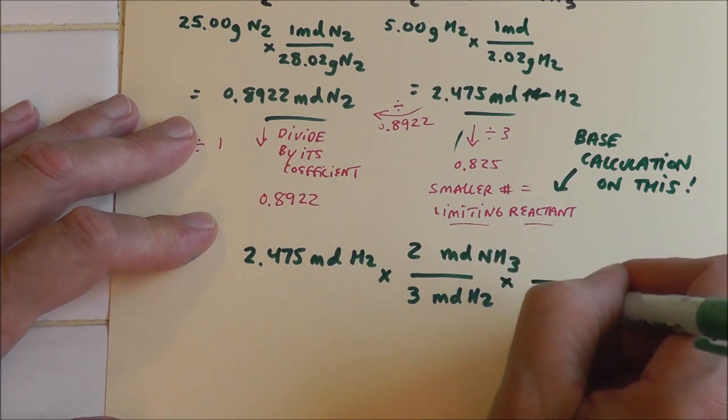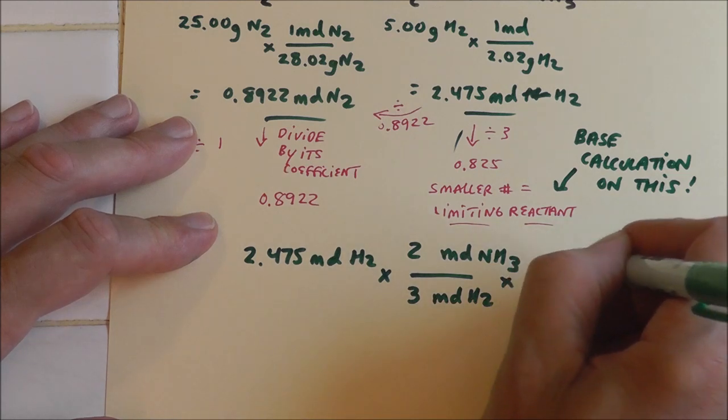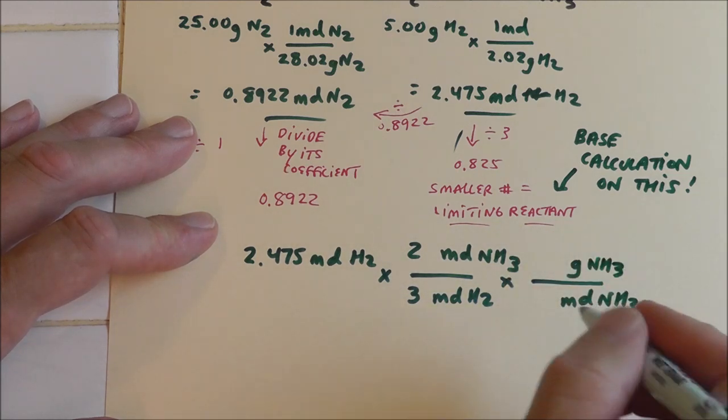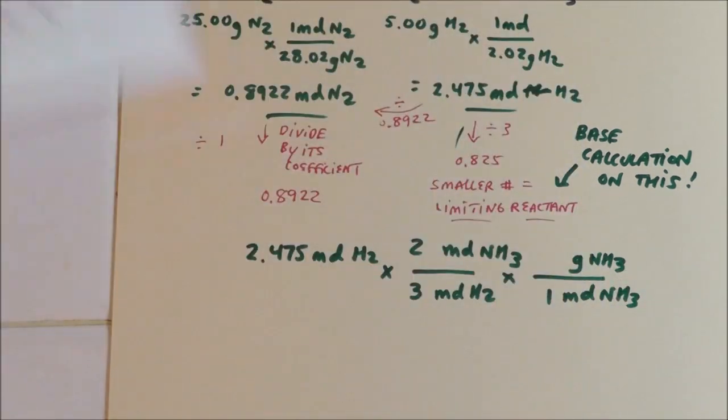And now it's just a convert moles of NH3 to grams of NH3. And a mole of NH3 is going to be a nitrogen, which is 14.01 in your periodic table, right?